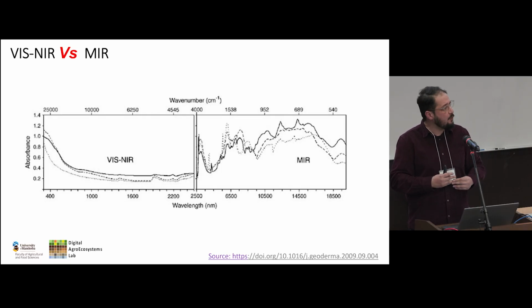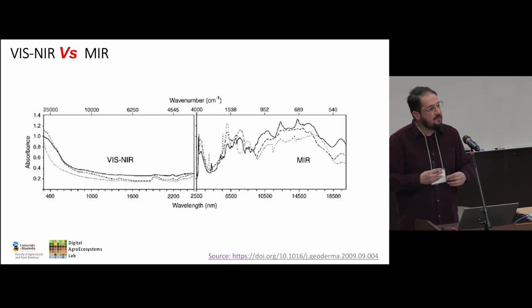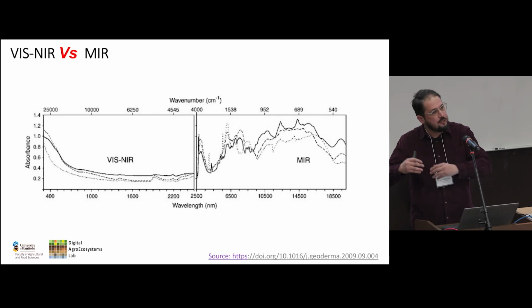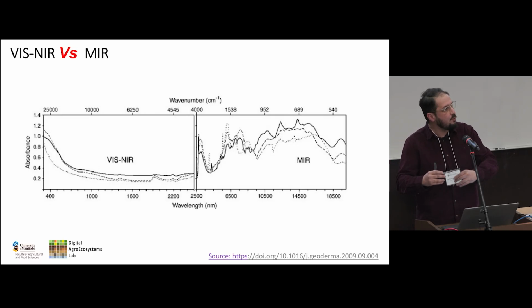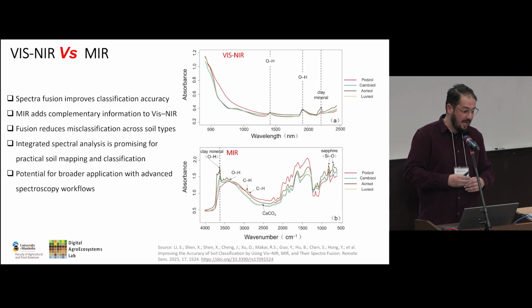But we don't have equipment like the mid-infrared out in the field that much. What we have is more visible near-infrared, which goes between 400 nanometers and 2,500 nanometers. This is where you see the visible light, the red edge, the near-infrared, the shortwave infrared. This is how we are exploring the properties of the matter.